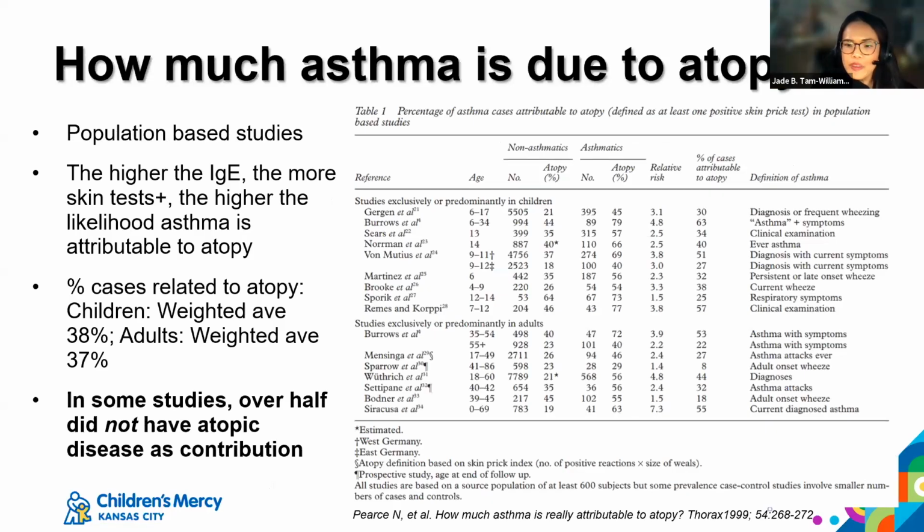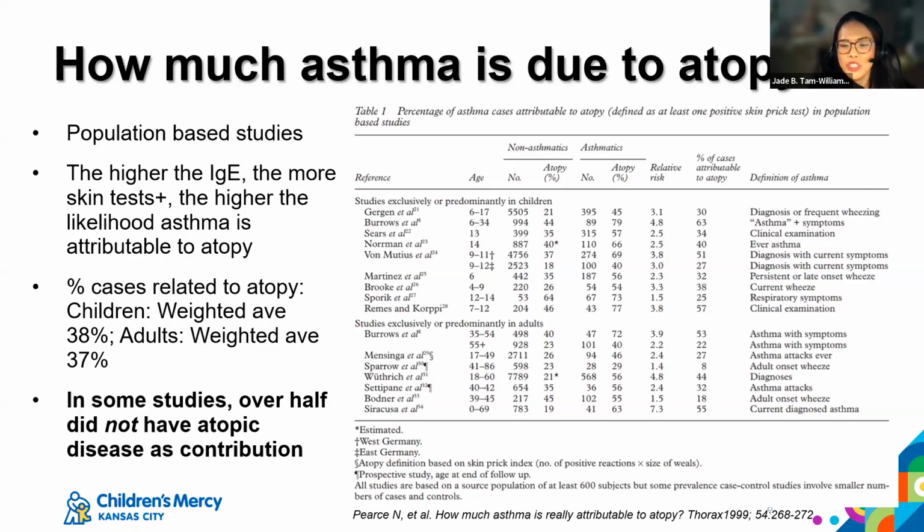In this table, this one's an older study, but I really like it because it's a nice cohort study looking at a bunch of different populations. What you can see is they essentially looked at children, how many of them were allergic, and how they defined asthma.